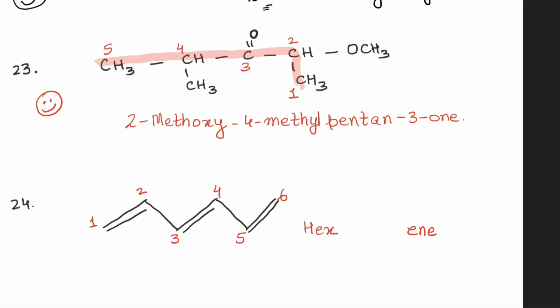Now what is the position of those double bonds? Given by the smaller of the two numbers between the carbon atoms. So out of 1 and 2, I shall represent it by position number 1, 3, 5. But there are 3 double bonds. So we are going to call it hexa-1,3,5.